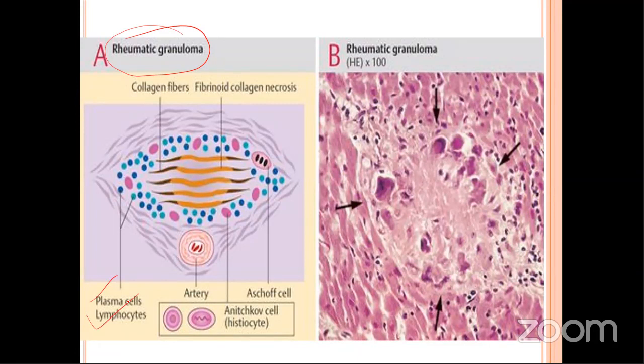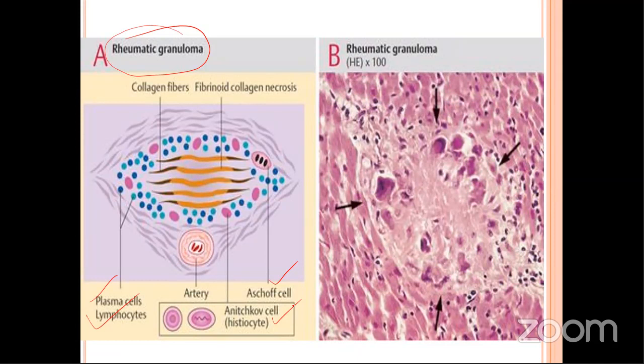Along with them, you also have some histiocytes, and these histiocytes are two kinds of cells. One is the Aschoff cell and the other is a specialized cardiac histiocyte, the Anitschkow cell. These are the two important cells present in the Aschoff body.